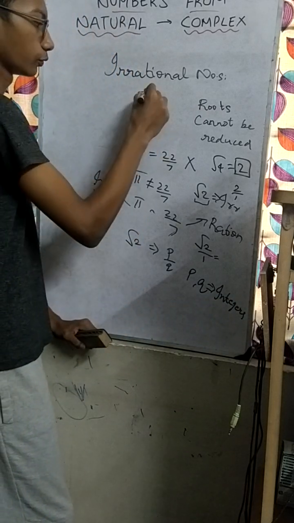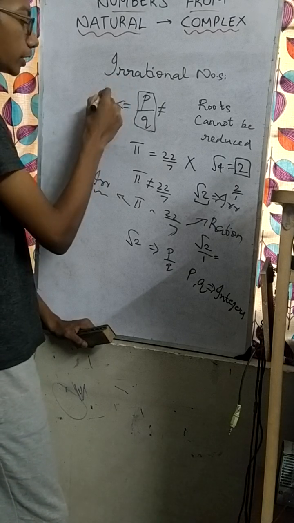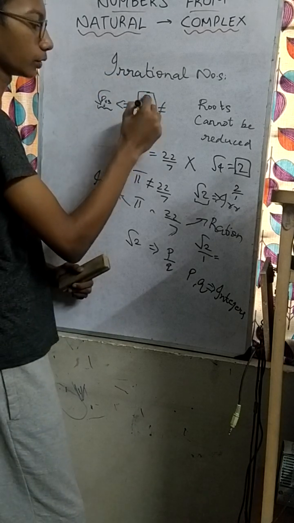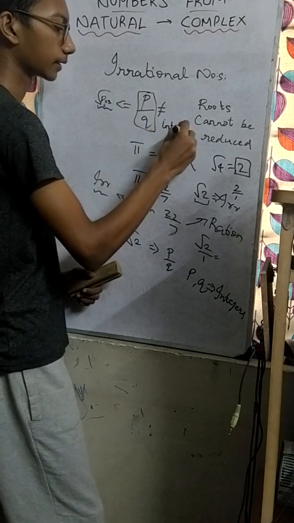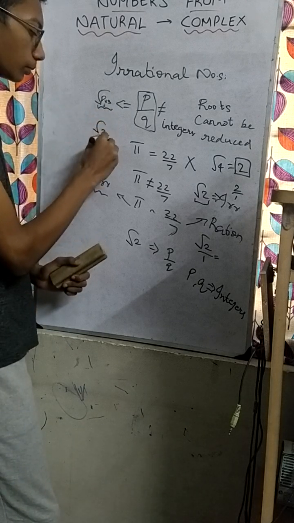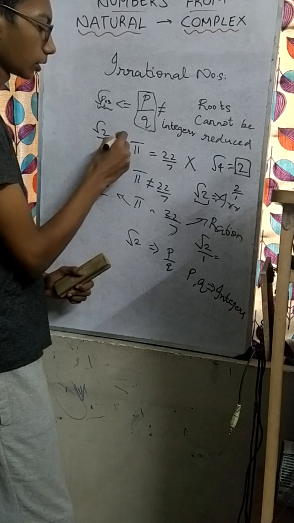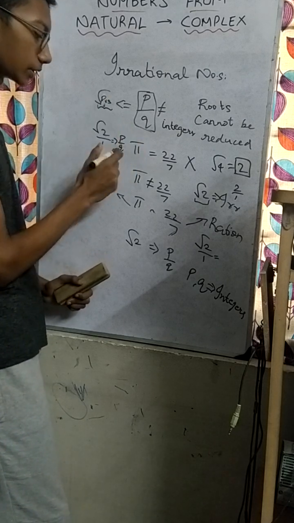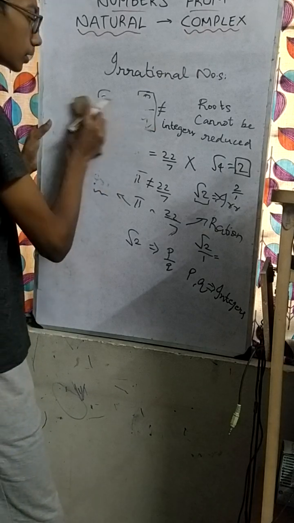So p by q form cannot be written with root terms, that is root of any positive number that is not reducible. So the p and q in rational numbers must be integers. That is another rule. Root 2 can be written as root 2 by 1, but this cannot be equal to p by q form since p and q must be integers, and root 2 is not an integer. So that's the thing with irrational numbers.